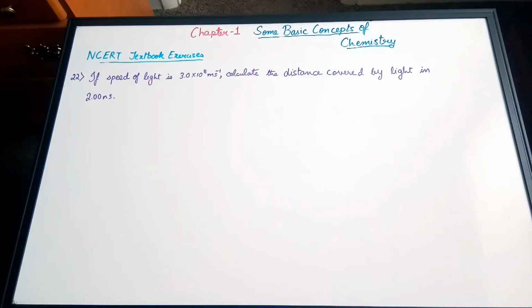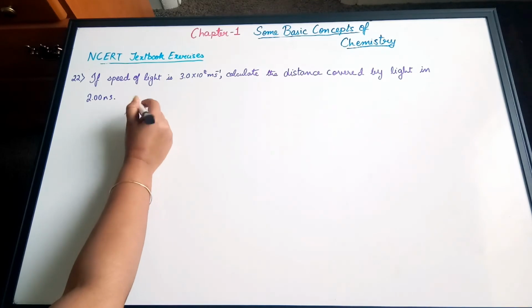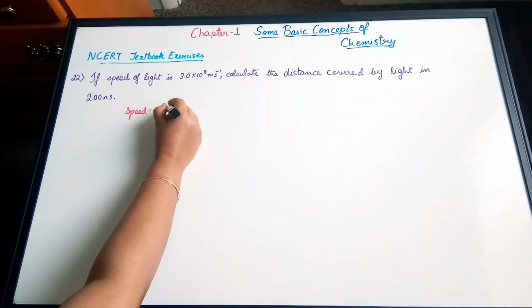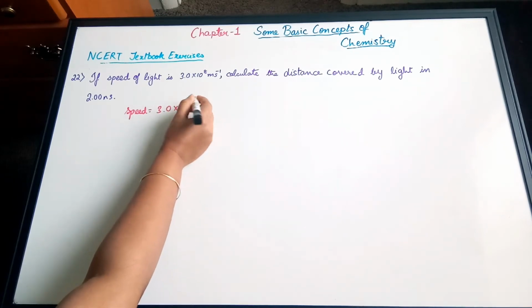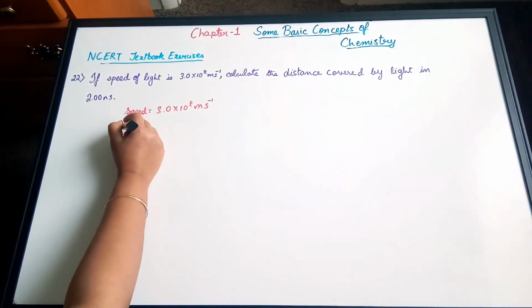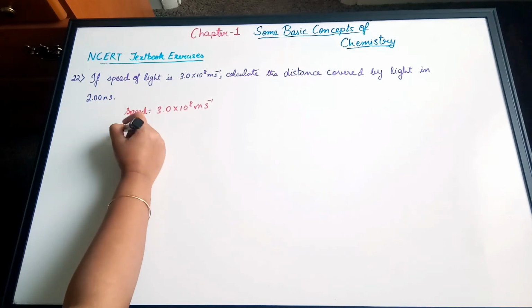Question number 22. If speed of light is 3.0 into 10 to the power 8 meters per second, calculate the distance covered by light in 2.00 nanoseconds. So we've been given the speed, and that's 3.0 into 10 to the power 8 meters per second, and we have been given time.